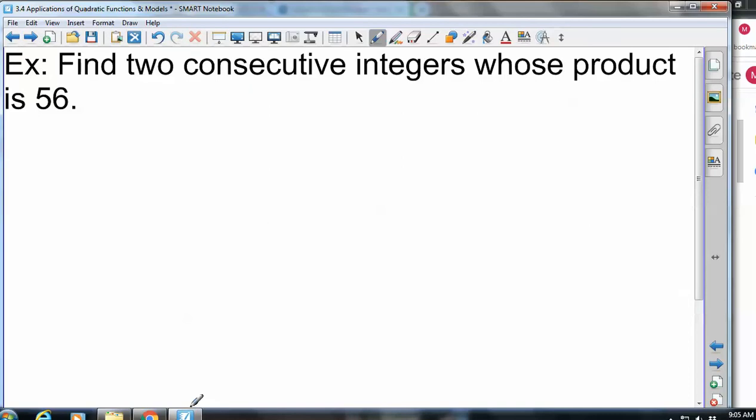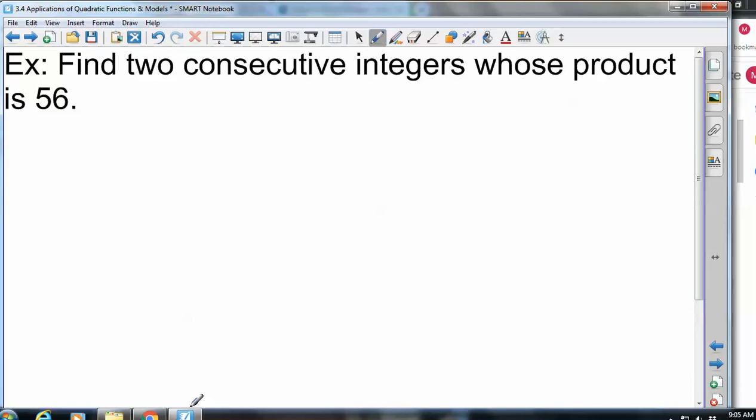Let's look at this problem. I want two consecutive integers whose product is 56. We're going to use our quadratics to help us solve this.